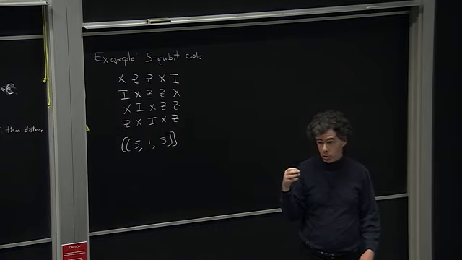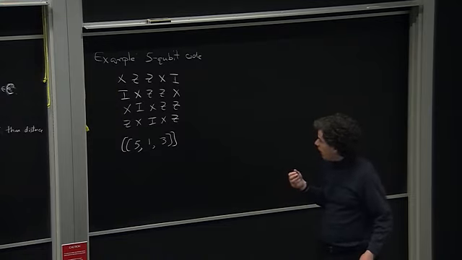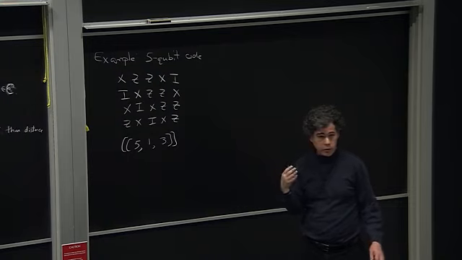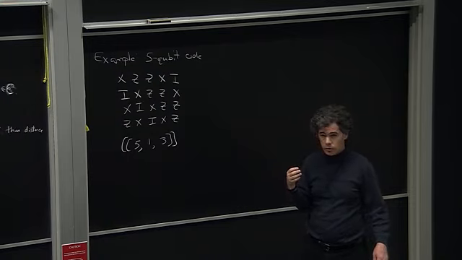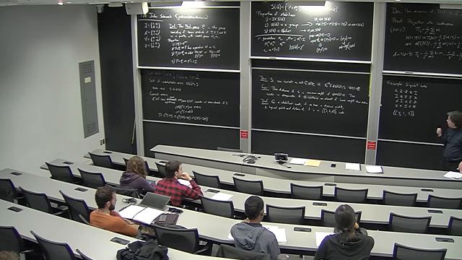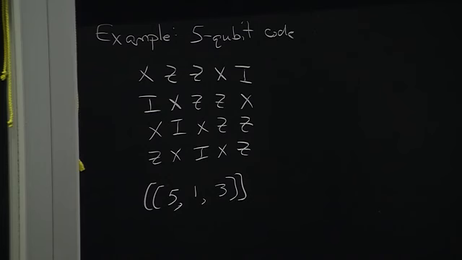Another way is to look at all the 1-qubit errors and see that they all have different error syndromes. And then there's a couple of other ways to derive this more quickly, which I may or may not get to. Anyway, the upshot is that this is a code where for any single qubit error, you get a unique error syndrome. And in fact, that's all there is here, right?